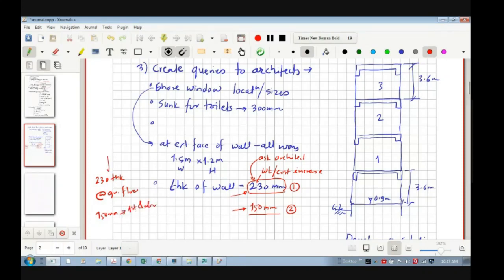So generally there may be thieves and all, to protect from them, people used to have the 230 thickness at the ground floor and then 150. Now here also there is no general problem actually as far as the 230 wall is concerned. Actually 150 we can suggest, because see, it will have a cost impact. Unnecessarily cost of the project will increase. So it is better to go with this, but you cannot take this decision. You should ask the architect, discuss with the client, and all together find out finally what should be the thickness of wall.